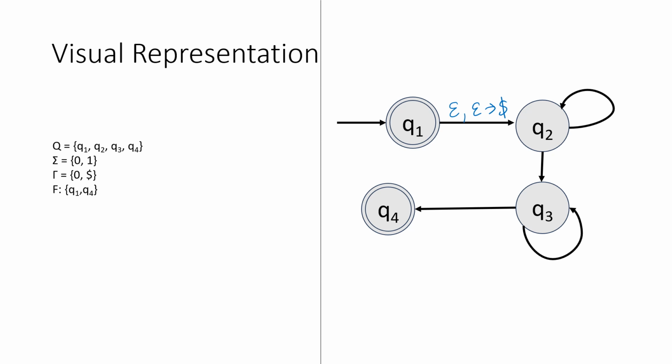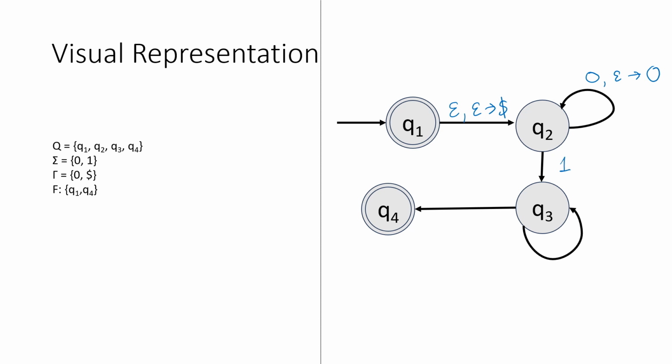Now, Q2, that's the 0 counting state. So it's going to transition back to itself on a 0. And then I'm not popping anything from the stack, so it's just going to be epsilon. And then I'm going to push a 0 onto the stack. Now, eventually you're going to stop seeing zeros and start seeing ones.